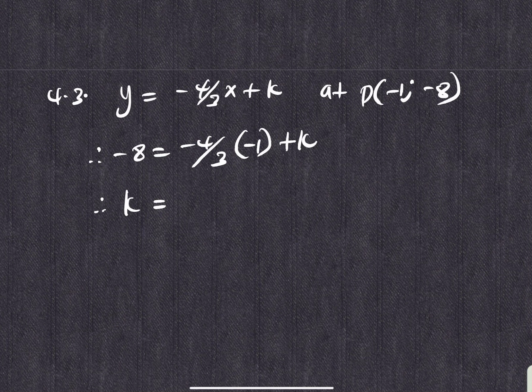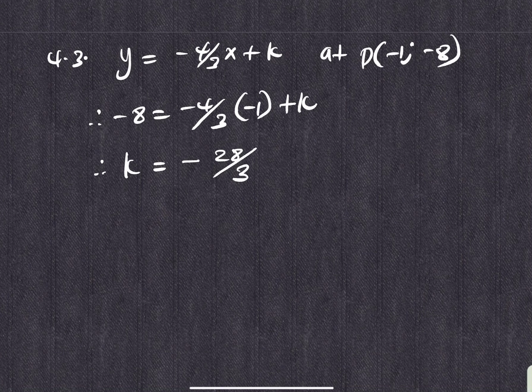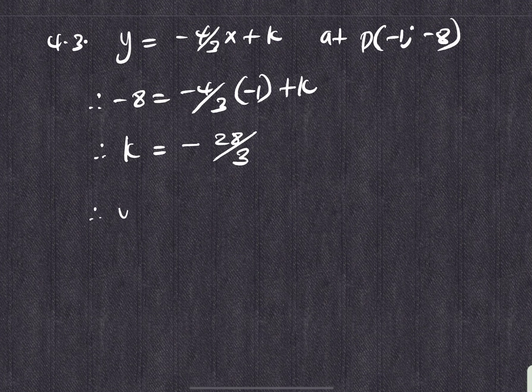Well, let's use the calculator. We don't have that much energy to do that. So this will then come to 28 over 3 if you type it on your Casio. Now, think about it. It means that this line is really going to be y equals -4 over 3 x plus k, which is -28.